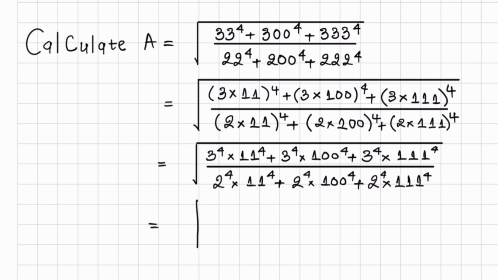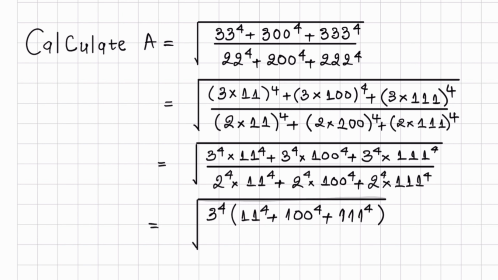For the numerator, we have 3 to the power 4 in common. We will get 11 to the power 4 plus 100 to the power 4 plus 111 to the power 4, all over, and for the denominator we take 2 to the power 4 in common.